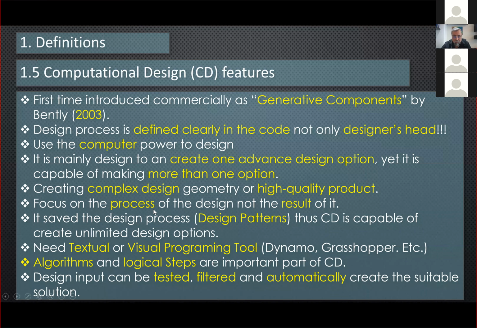If you are a traditional architect thinking of one geometry, this will flip the way you think. This will revolutionize your brain to a new high level. It saves the design process. Of course, you have to open your mind to the concept of design pattern. Design pattern in generative and parametric architecture and computational design is a seriously important terminology.